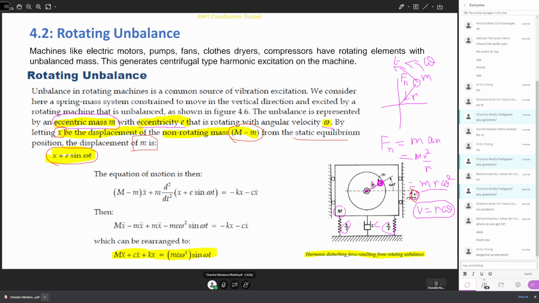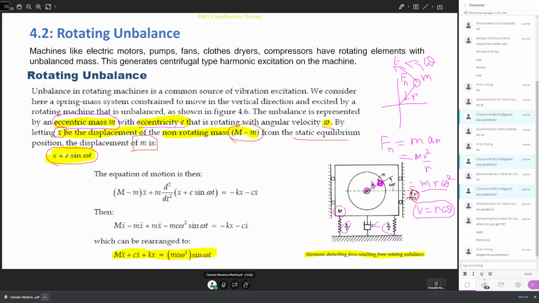If you consider this is the angle theta, then omega t is nothing but theta, the angular displacement. So the total displacement we can write as x plus e sine theta, where theta is replaced with omega t. Omega is the angular velocity of the mass m, small m. So now for this system, we can write the equation of motion.